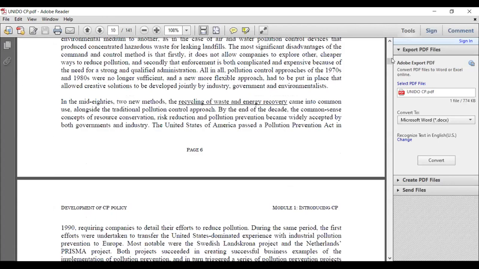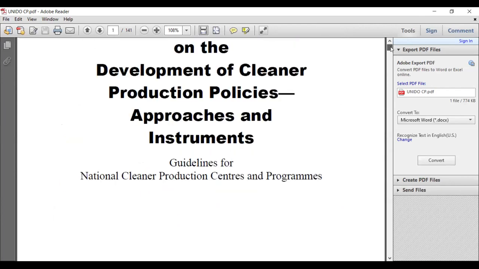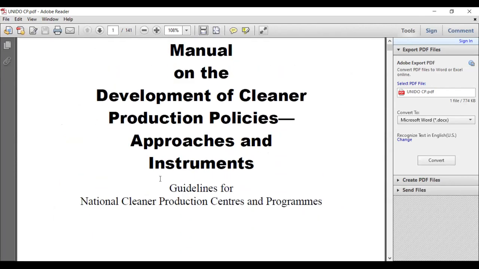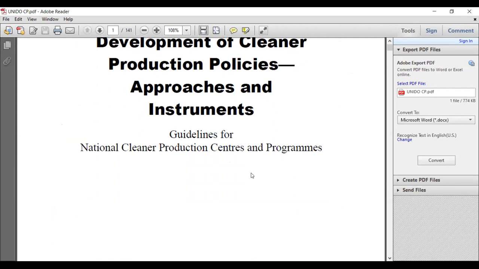This is from the United Nations Industrial Development Organization, UNIDO. It is a manual on the development of cleaner production policies, approaches and instruments, from the UNIDO Cleaner Production Program.